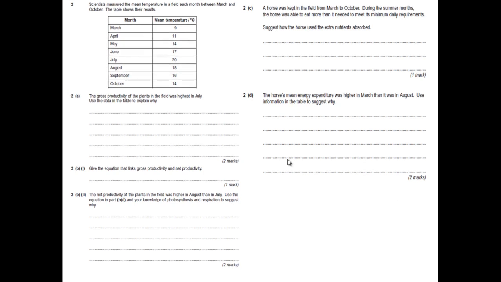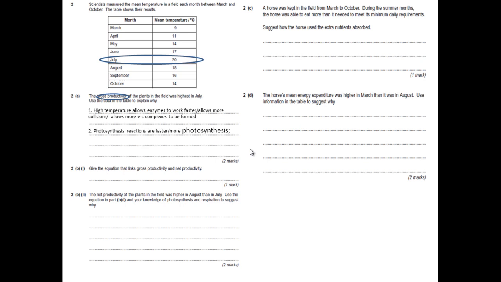The warmer it is, essentially, the quicker the enzymes work, so you form more enzyme-substrate complexes, and from there you therefore produce more photosynthesis. So you link in the fact that the enzymes will work quicker, and you mention photosynthesis, that gives you 2 marks.